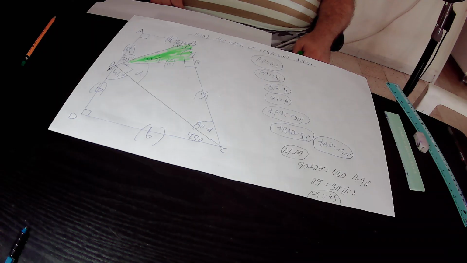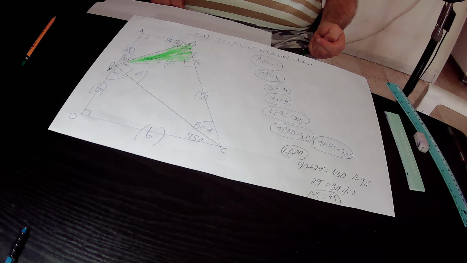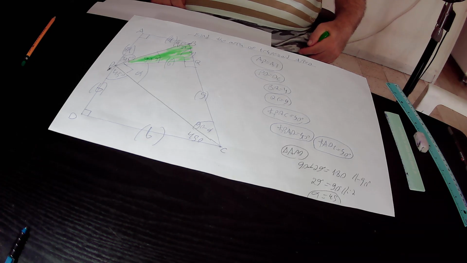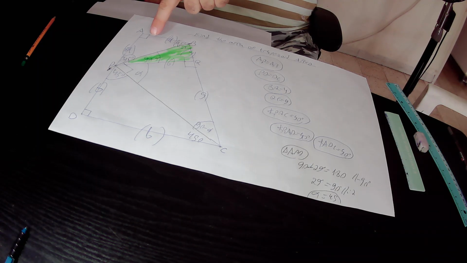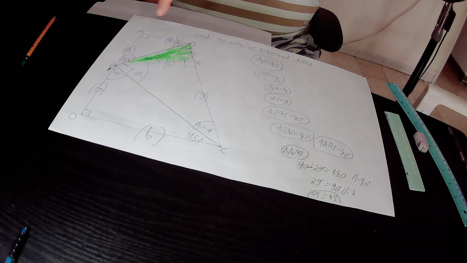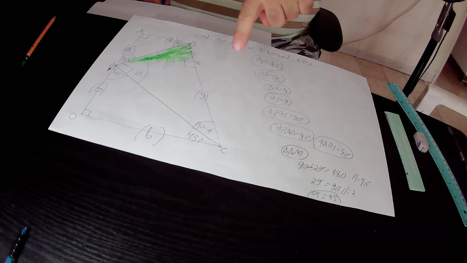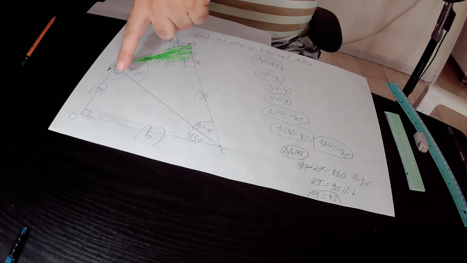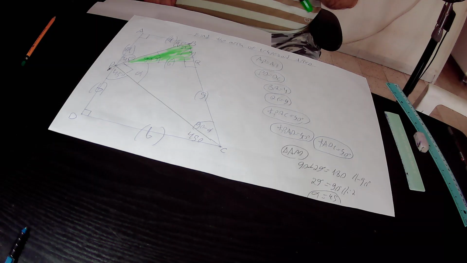The area of trapezoid ABCD is equal to the sum of the areas of the components that trapezoid ABCD consists of. Trapezoid ABCD consists of this right triangle ABP, and the second component is the big right triangle BPC, and the third component is the right triangle PDC.